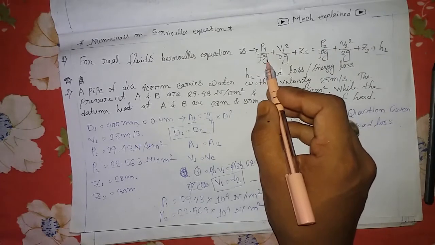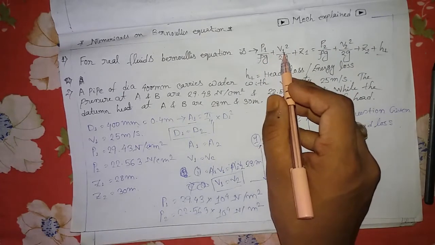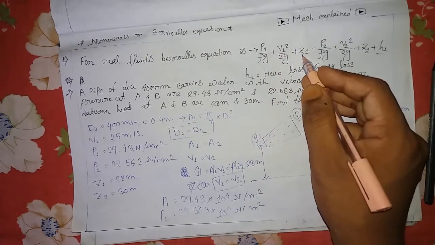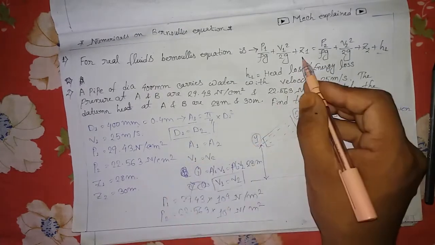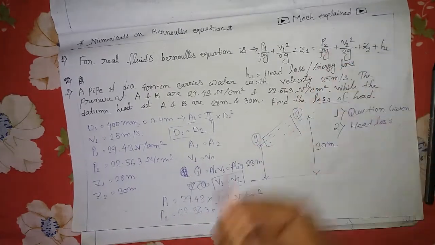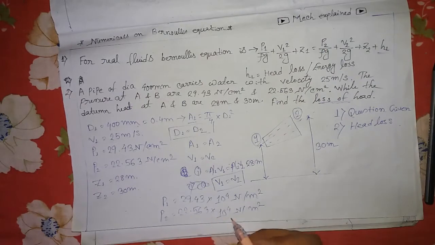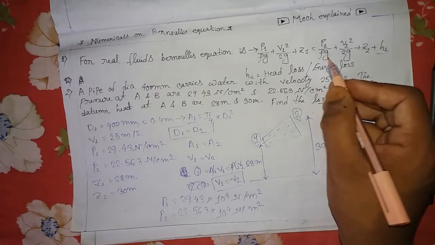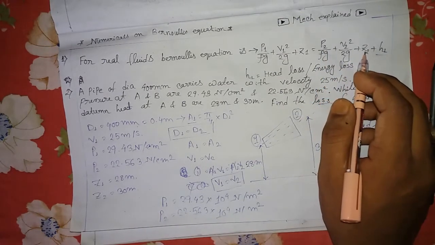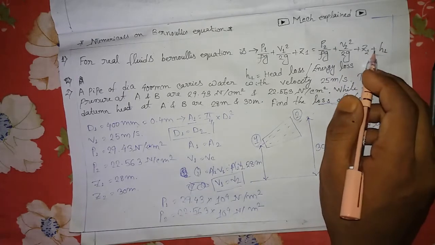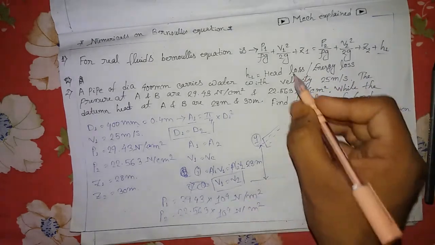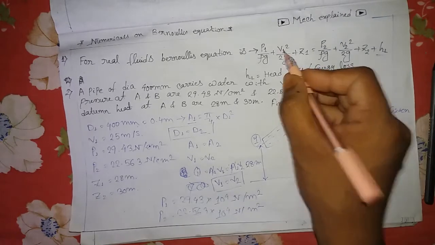Rho equals 1000, g equals 9.81. V1 and V2 are the same. Z1 is 28 meter, and P2 is 22.563 into 10 to the power 4 by 1000 into 9.81 plus Z2 equals 30 meter plus HL.